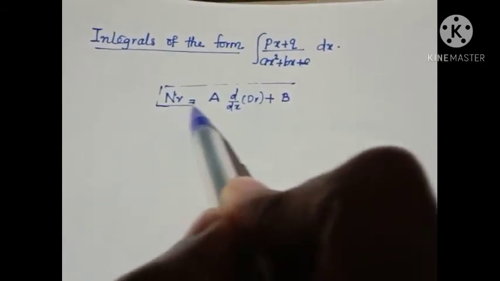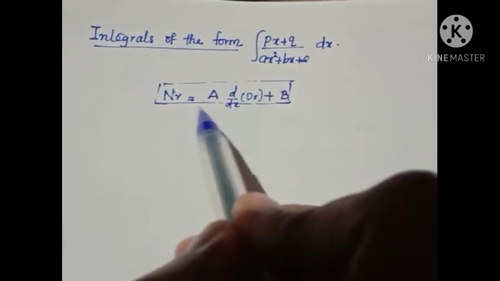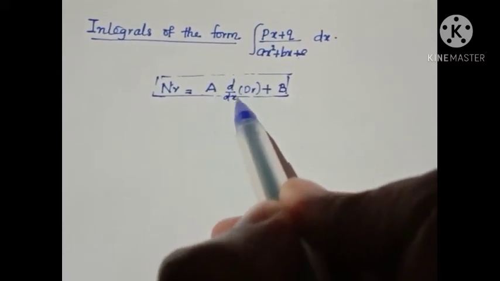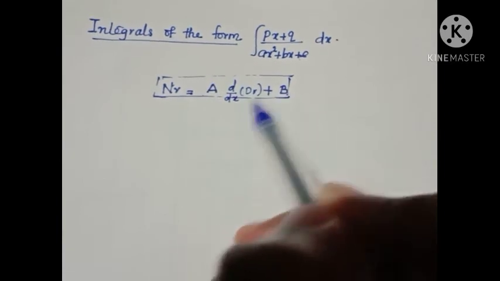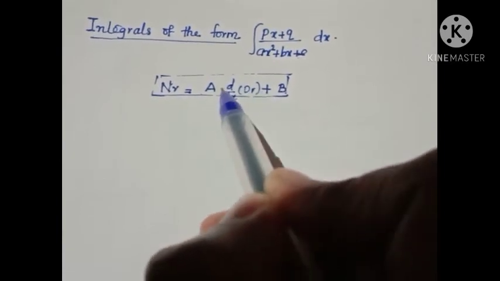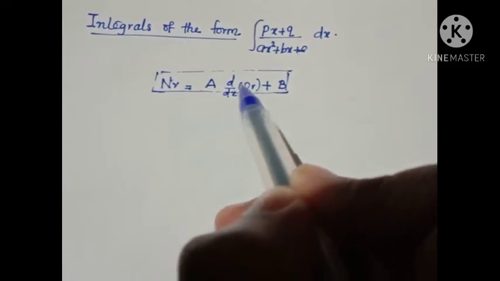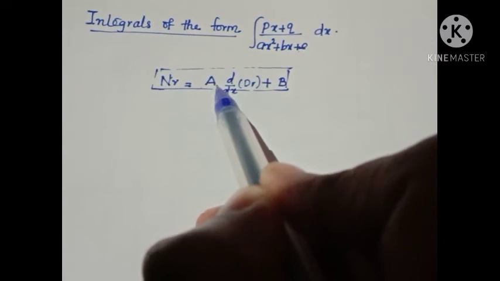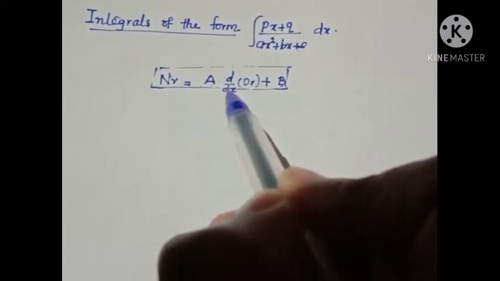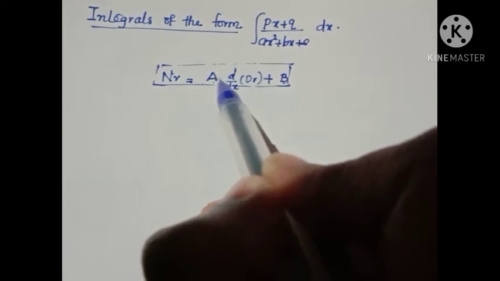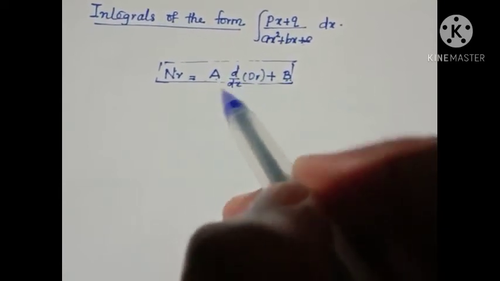First we convert the numerator as a times d by dx of the denominator plus b. Then equating constant terms or x terms or x squared terms, we find a and b. Again we substitute the values of a and b, then integrate. So this is the process of integration.